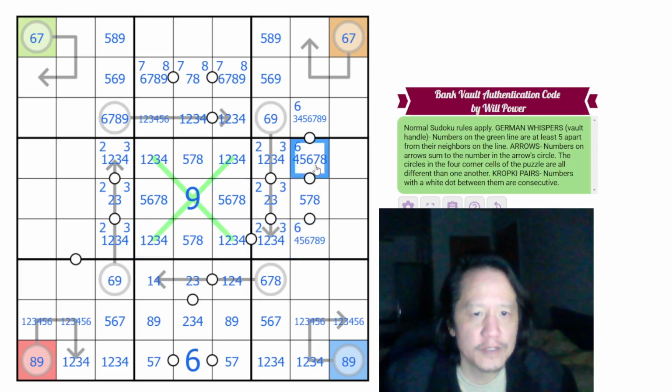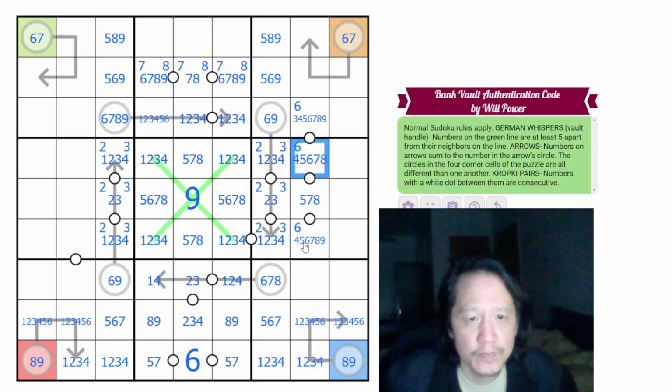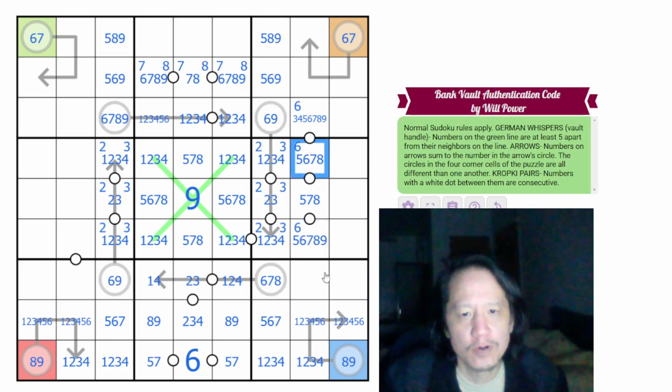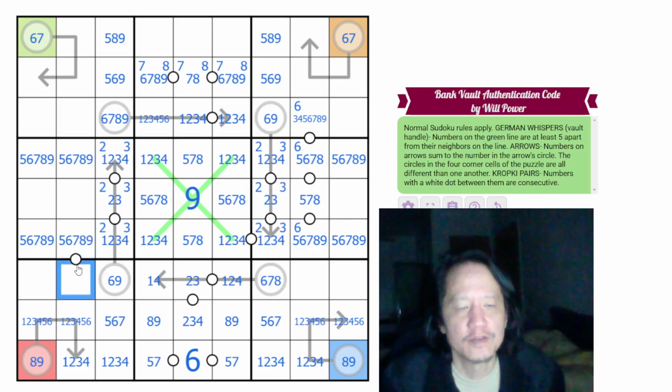Therefore, okay, yeah, so we have in rows 4 and row 6, we have also the 1, 2, 3, 4 quadruple, which eliminates 1, 2, 3, 4 in the rest of those rows. So this can't be 4, this can't be 4. This can never be 5 then, because this is 5 through 9, this is 5 through 9, 5 through 9, and so on. This 5 through 9 has to be next to a 4 through 9.